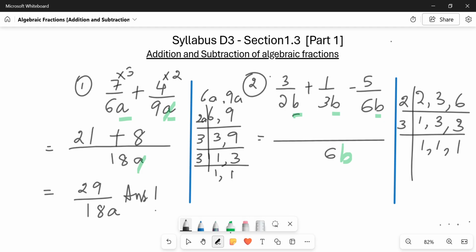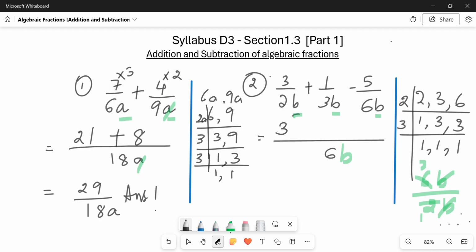So how are you going to divide that? You need to divide 6B by this 2B, right? So here we need to write down 6B on top and 2B. B and B cancel. 2 times 1, 2 times 3. So we are left with 3 here. Did you understand?